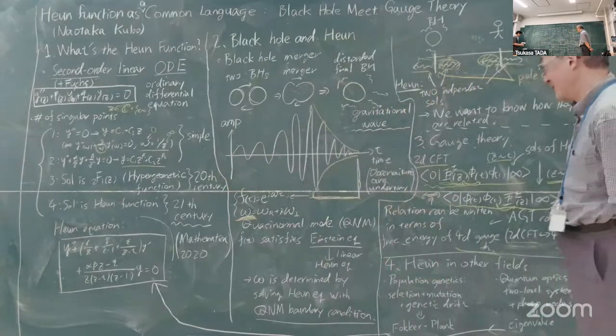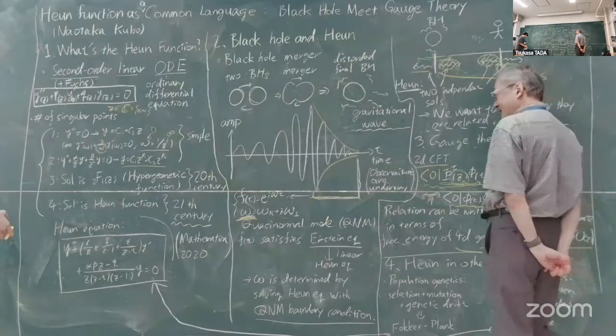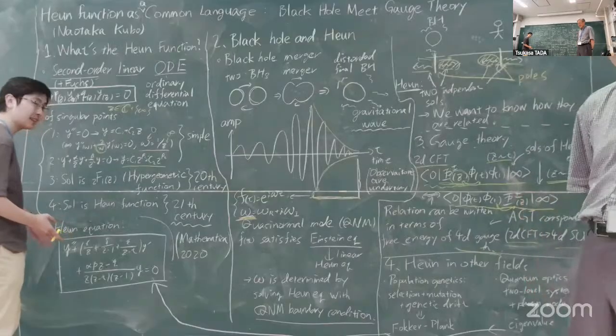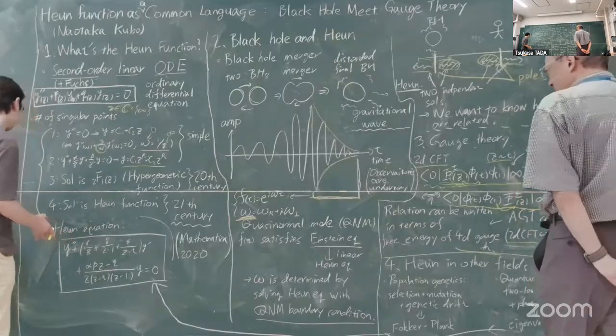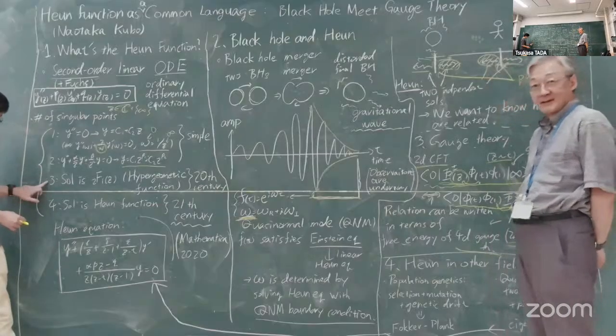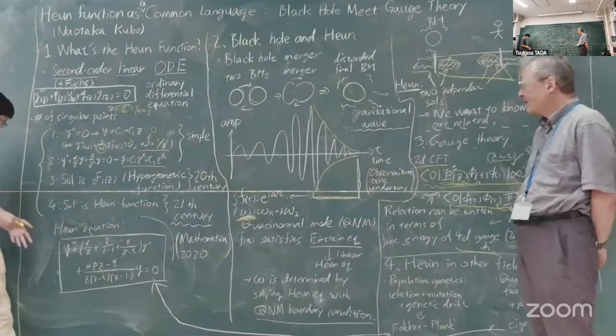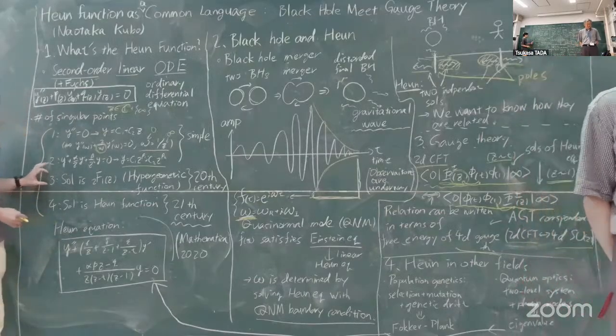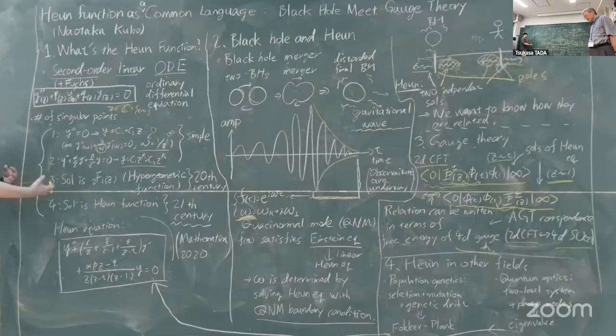I'm not sure this is what you want, but the big difference between the equations of this type and this type is that we have degrees of freedom for changing coordinates.